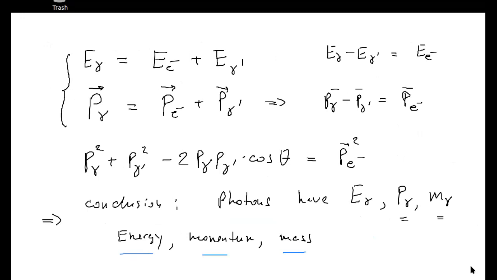So the answer is the following. E gamma is related to frequency with the coefficient of proportionality, the Planck constant. P gamma as a vector is related to the wave vector, k.